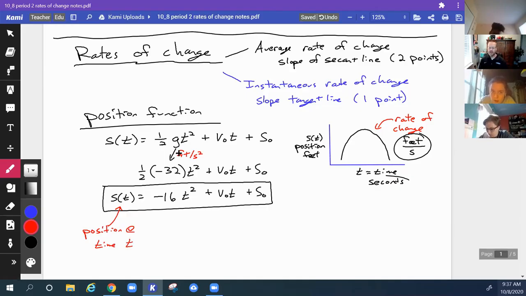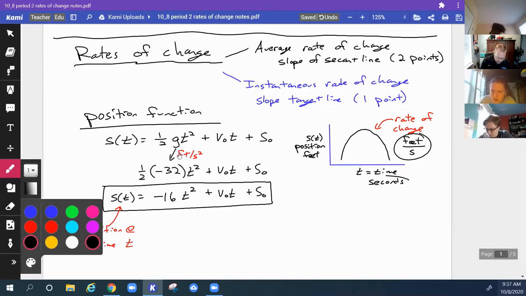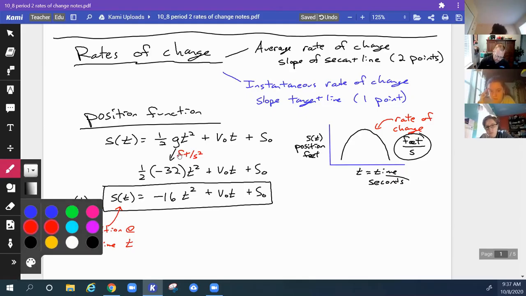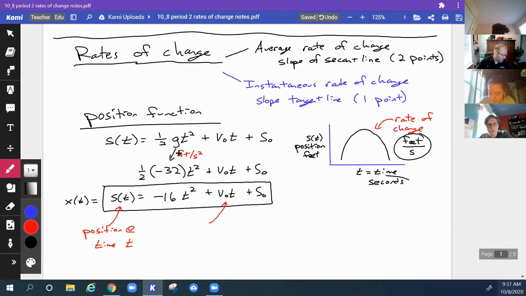Sometimes books will refer to it as x of t, but we're just going to keep with s of t, going with the textbook on this one. V of 0, or v naught, is going to be my initial velocity. And this s naught is going to be my initial position.